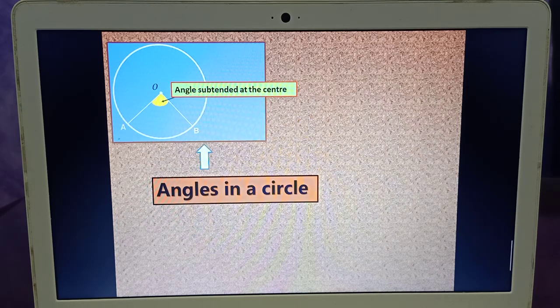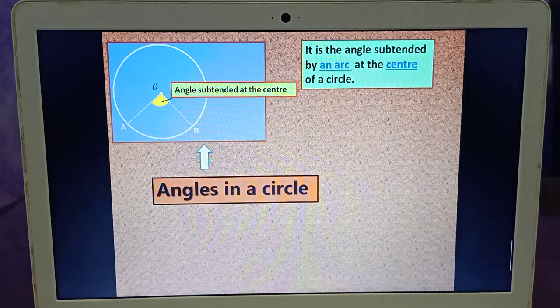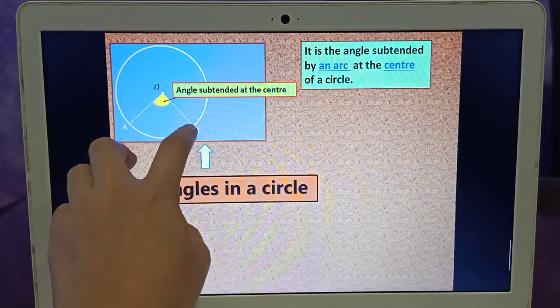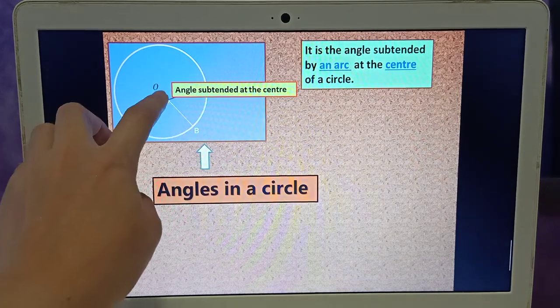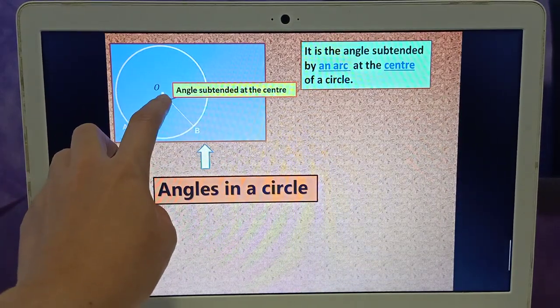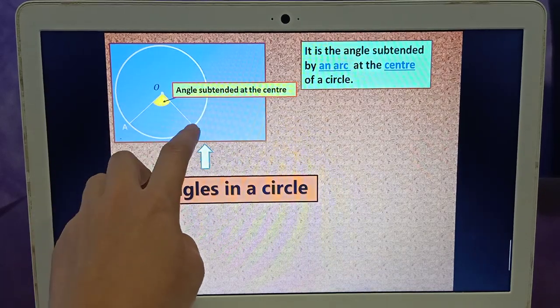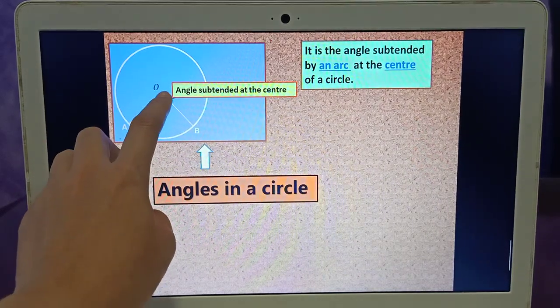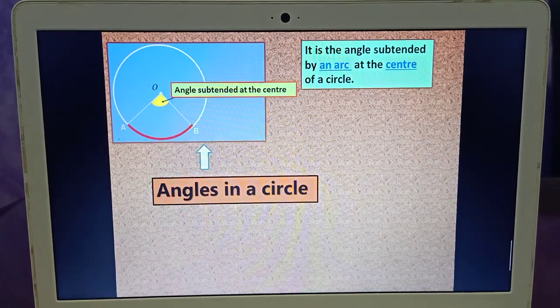What does it mean by this? It is the angle subtended by an arc at the center of a circle. You see this angle is at the center and it is subtended by an arc. But how do we get this angle? It depends on how you draw the radius, right?